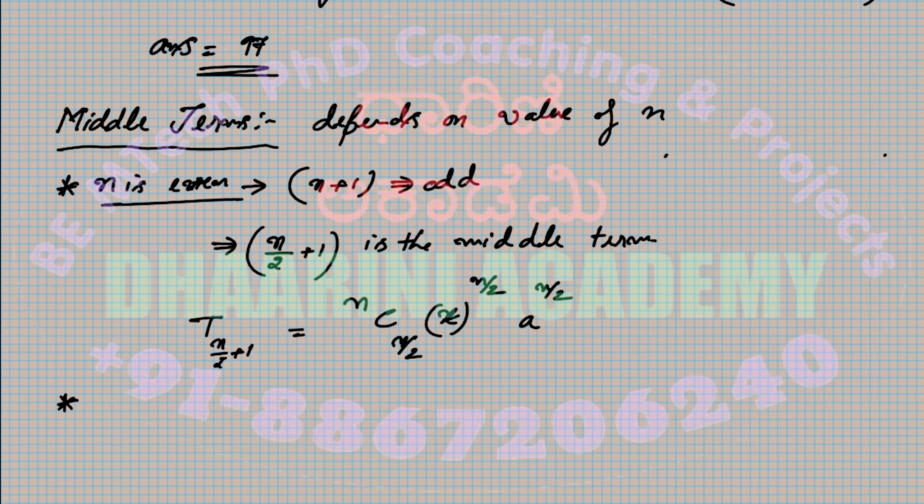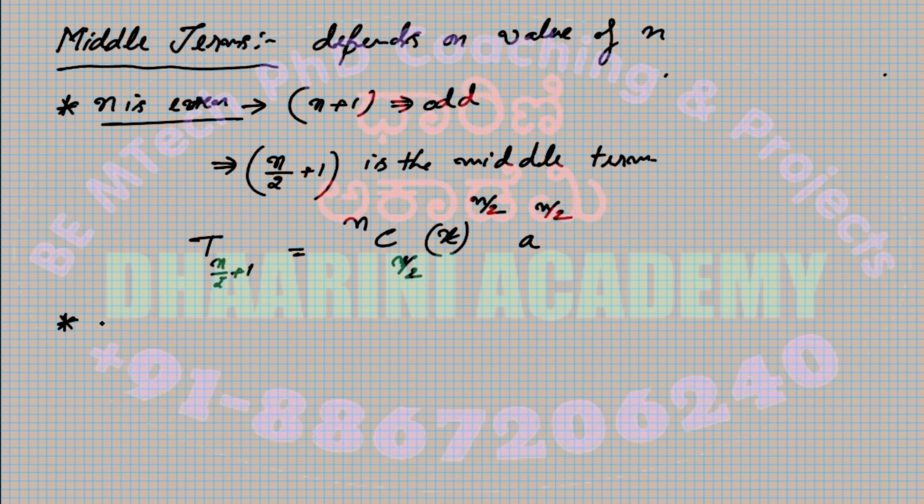Now moving ahead, let us say n is an odd number. When n is odd, the total number of terms, n plus 1, is even. So you will have two middle terms now.